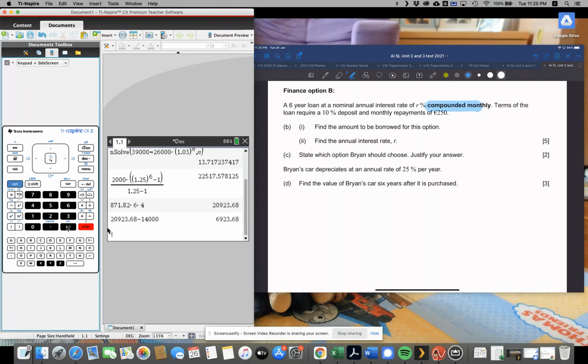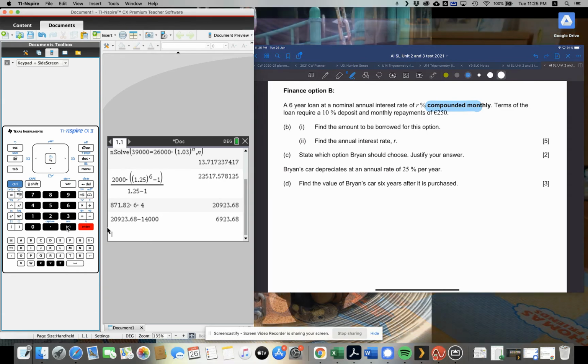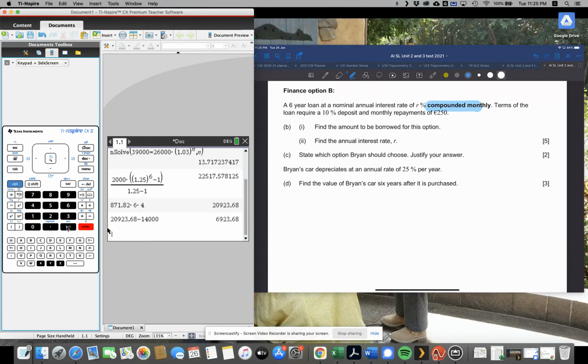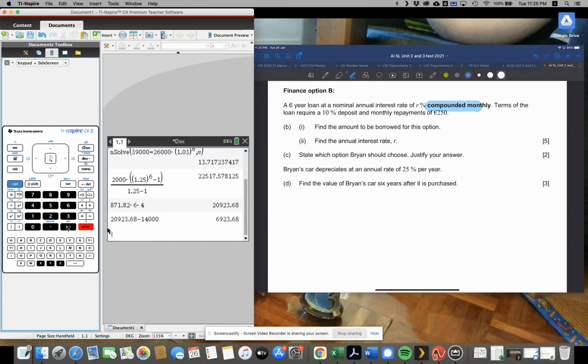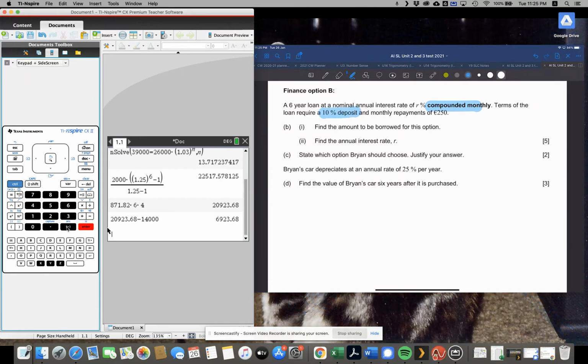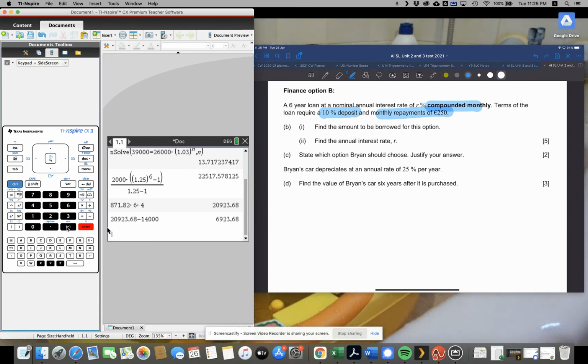Terms of the loan require a 10% deposit and monthly repayments of 250 euros. So the new thing is you do not know the interest rate, but you need to pay a deposit. You are already told the monthly payment.